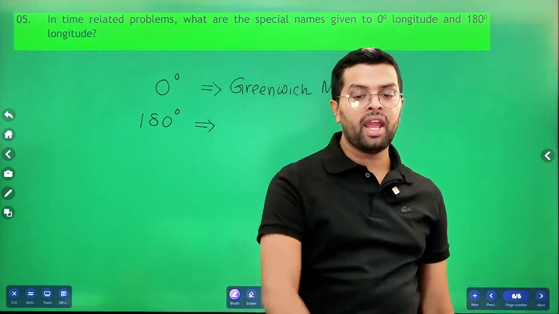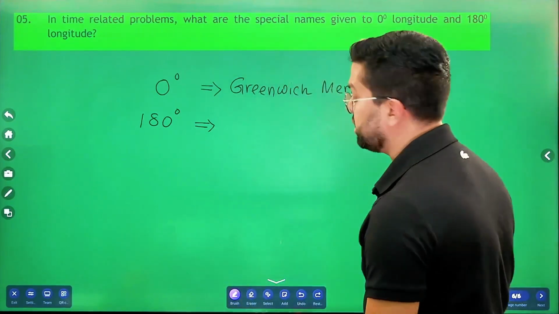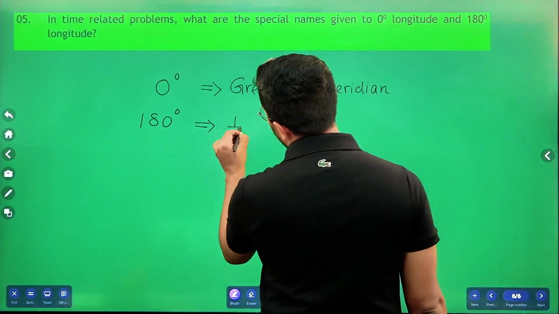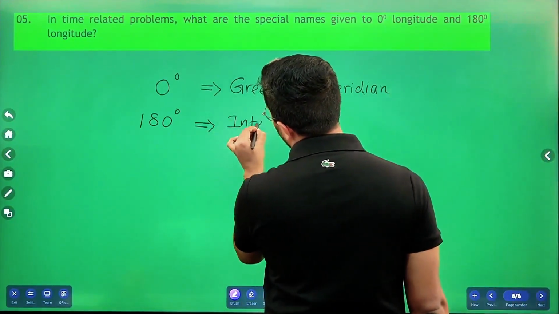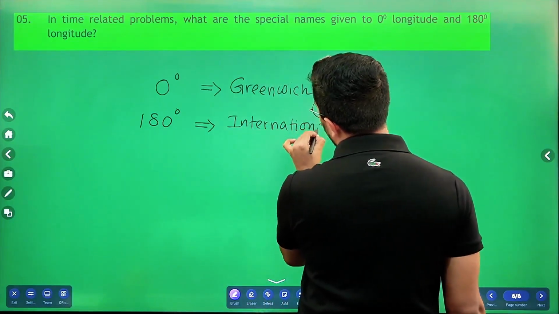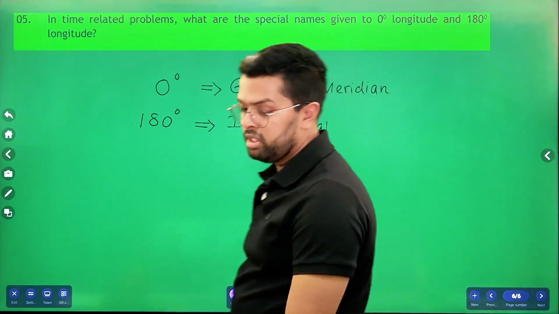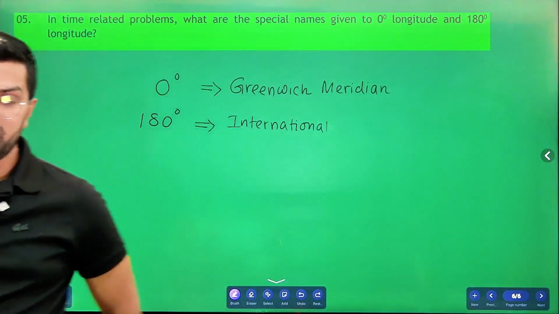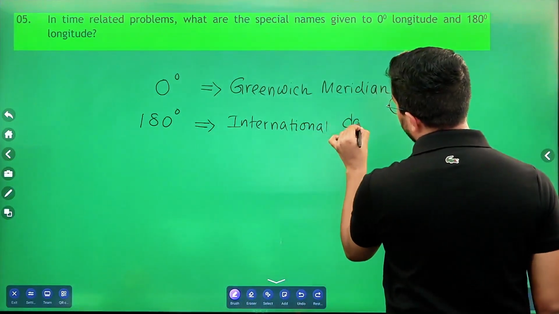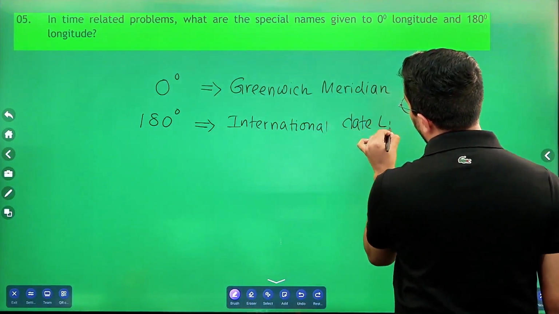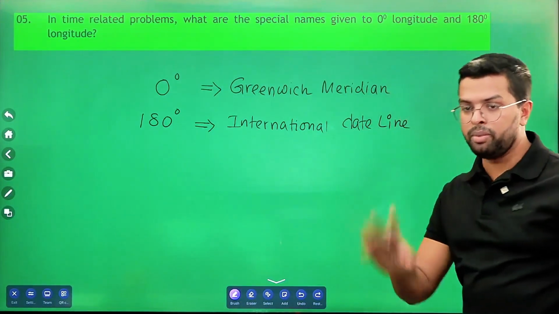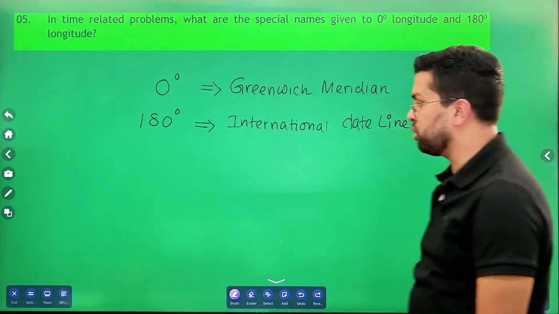This 180 degree longitude is called the International Date Line, right? So don't worry about these things. We will be learning these things very soon.